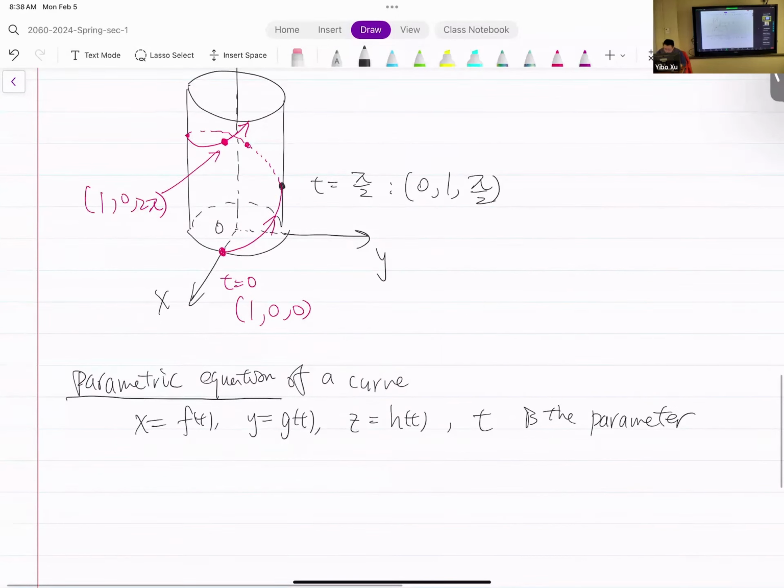So here we actually have two slightly different perspectives. Remark.